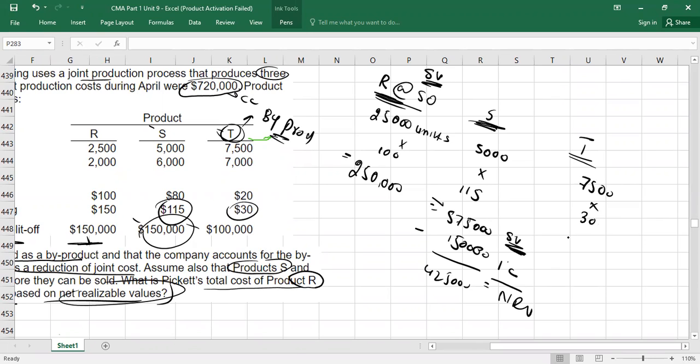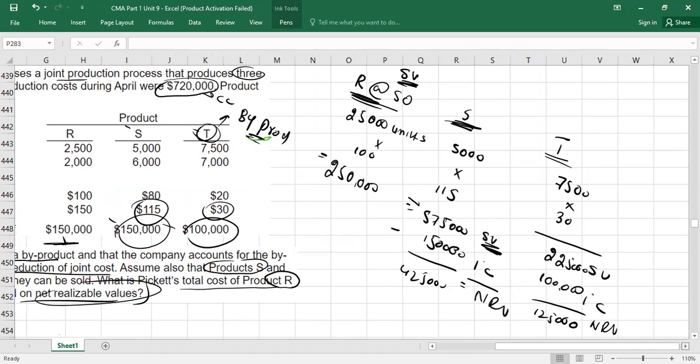T will give you how much sale value? 225,000. From that deduct incidental cost also. Incidental cost is how much? 100,000. So remaining will be how much? 125,000 as NRV. Sorry guys, I hope you will understand.